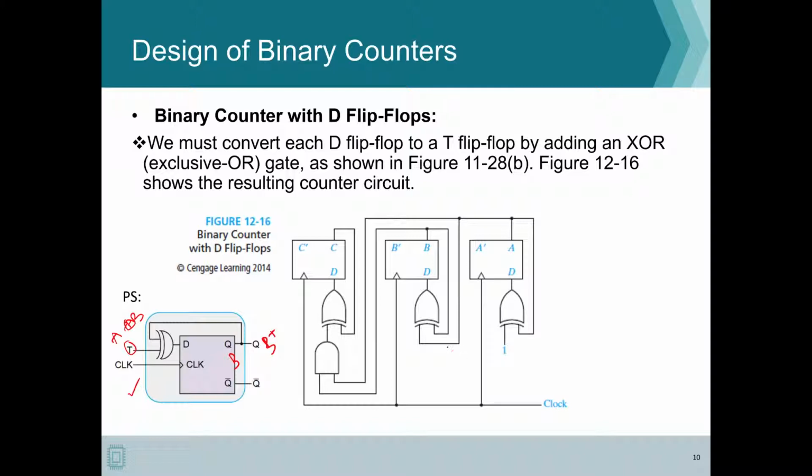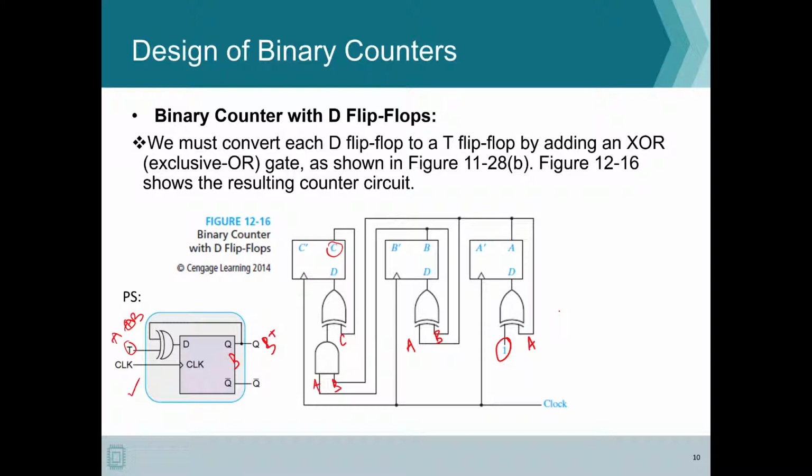Here you can see that in our initial implementation, we had a function AB, then a function A, and then a function that is 1. Now all you need to do is an XOR with the input or the state variable of that flip-flop. Then similarly you do an XOR with that, and similarly with that.